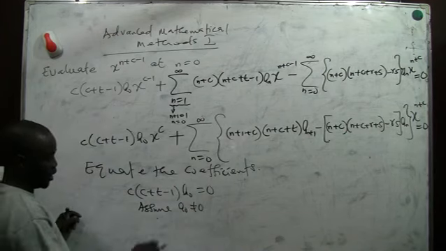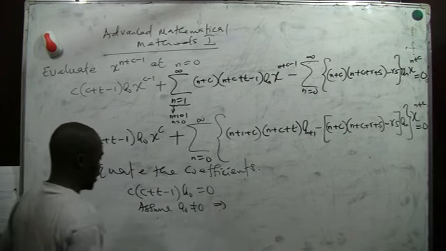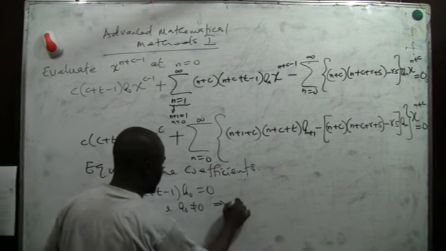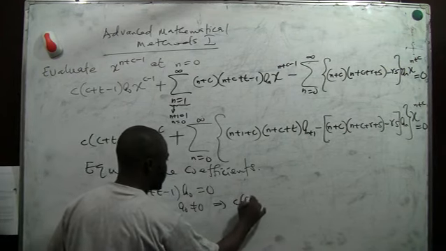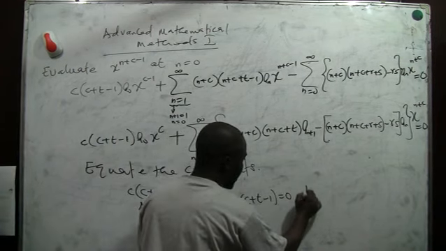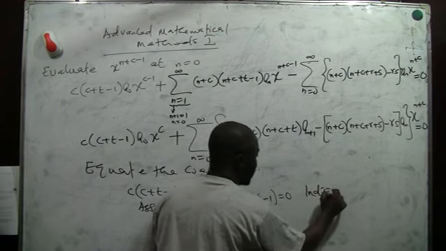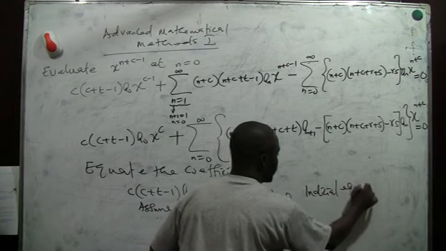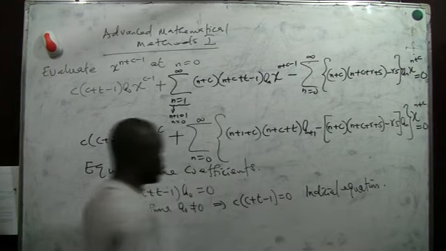What does it imply? It implies that I will have c into c plus t minus 1 equals 0. This is what we refer to as the indicial equation.